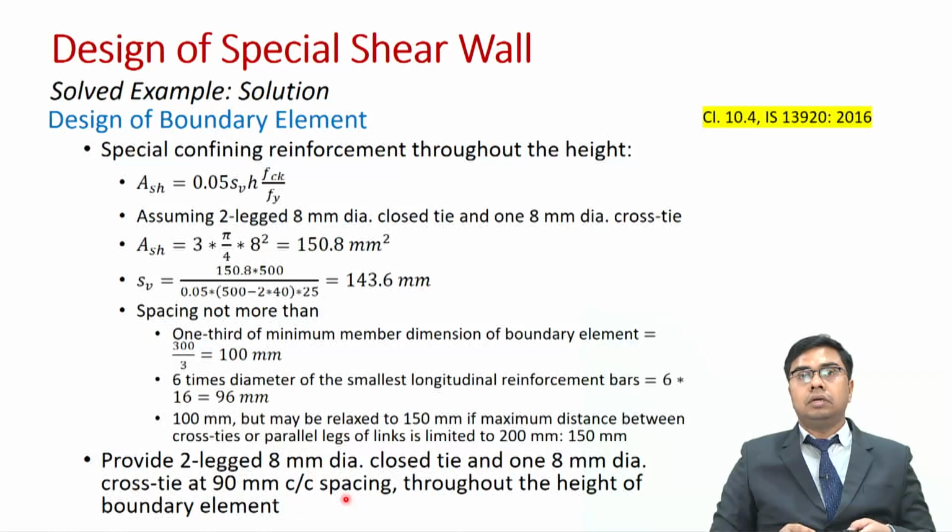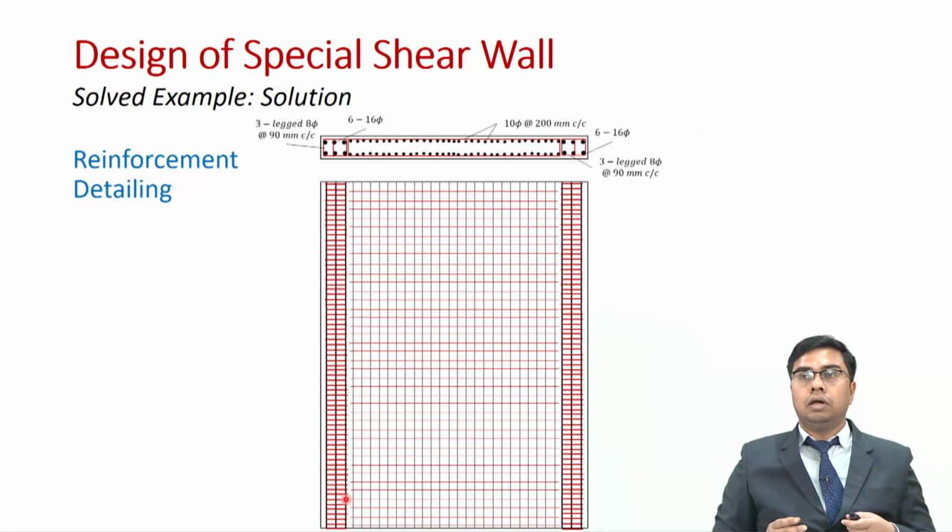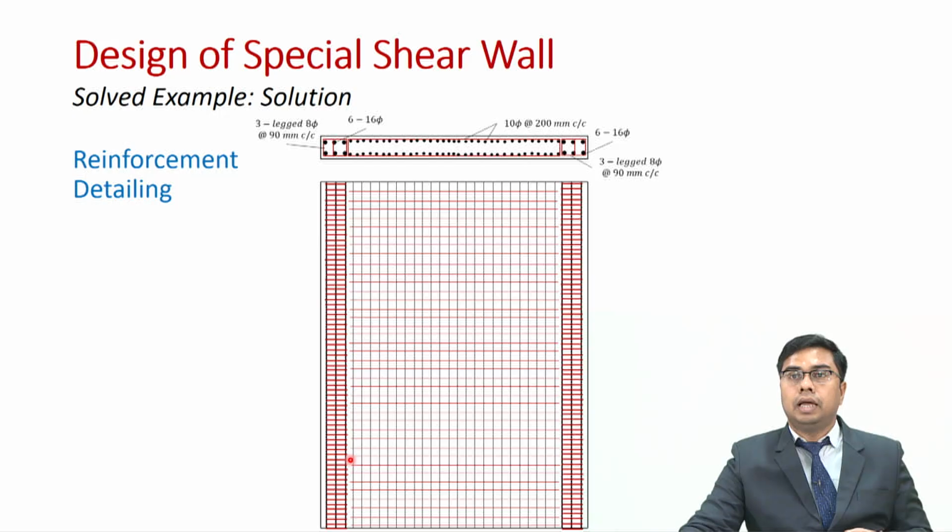Alright, so we have designed and detailed the horizontal and vertical reinforcement. We have also designed the boundary element. Now let us look into the reinforcement detailing of this special shear wall. As you can see, we have provided a mesh of horizontal and vertical reinforcement bars in two curtains.